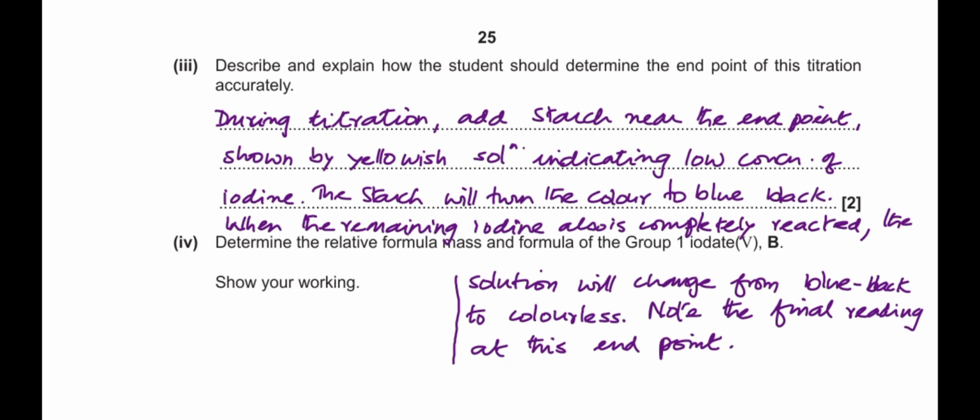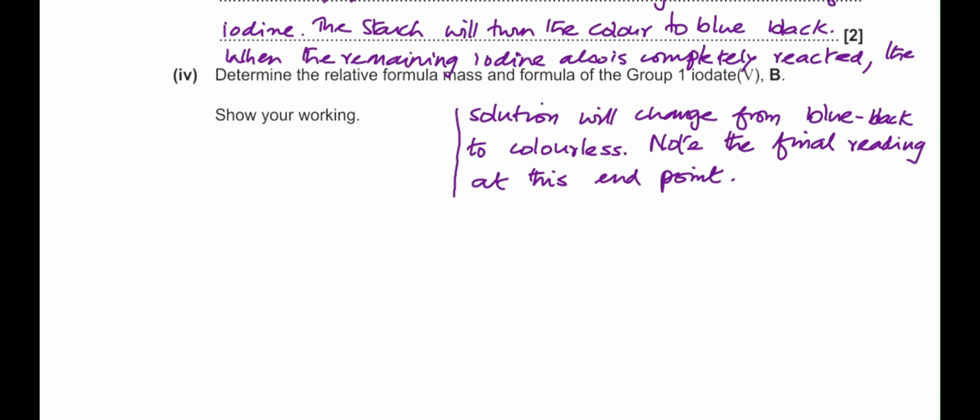Fine. Determine the relative formula mass and formula of the group 1 iodate B. Show your working. So let's start by working out the number of thiosulfate moles that took part in the titration.